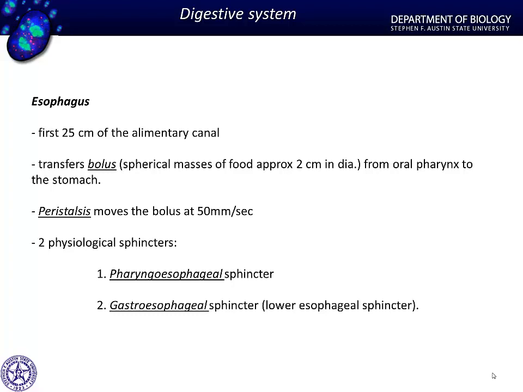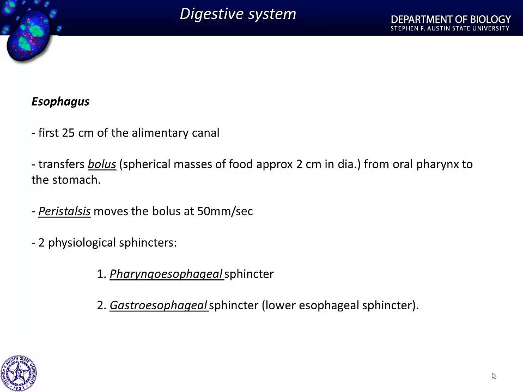Now, part of the muscle that we have surrounding the esophagus, part of our muscularis externa layer, is going to give rise to physiological sphincters. At the beginning, we have the pharyngoesophageal sphincter, which really is the pharynx itself, part of the epiglottis and the structure of the pharyngeal compartment.